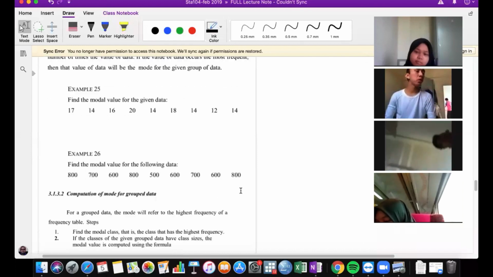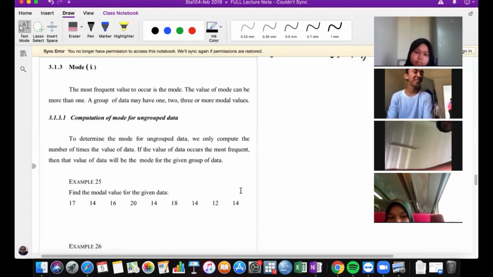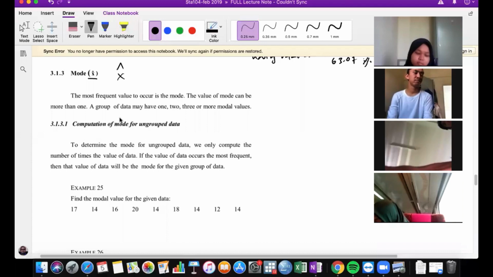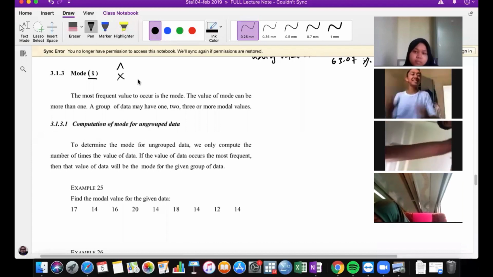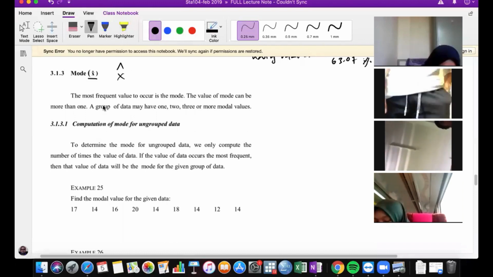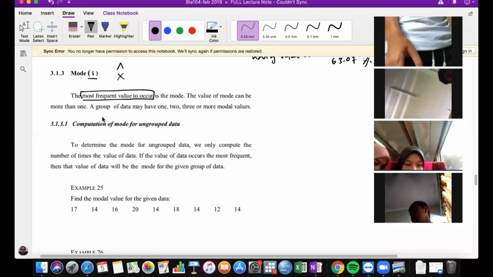So the last topic for measure of central tendency is mode. The symbol for mode is x with a hat, right? Mode means the most frequent value to occur. This is what we call mode.